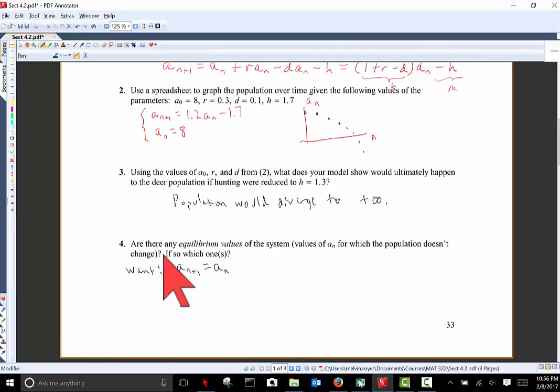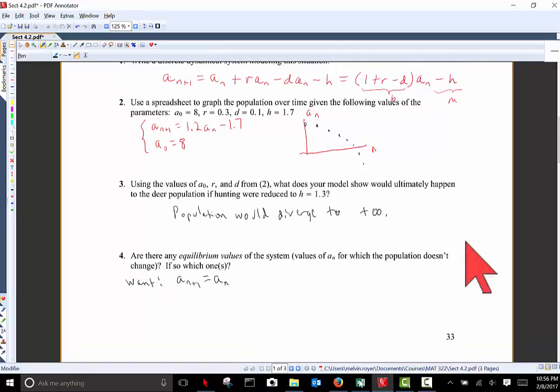Well, let's come back here to this expression and note that if a sub n plus 1 equals a sub n, I'll just call that a bar, the bar meaning fixed point or equilibrium value, then that same thing happens here on the left-hand side of the equation and on the right-hand side of the equation.